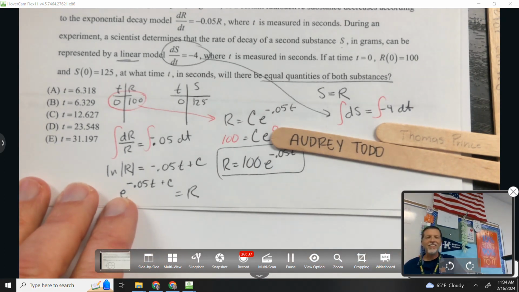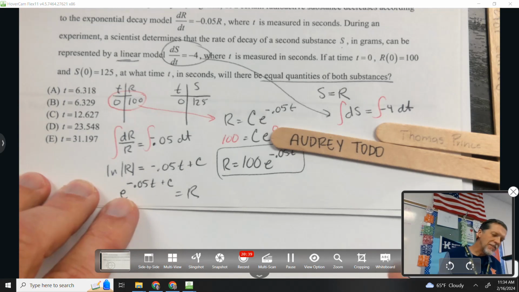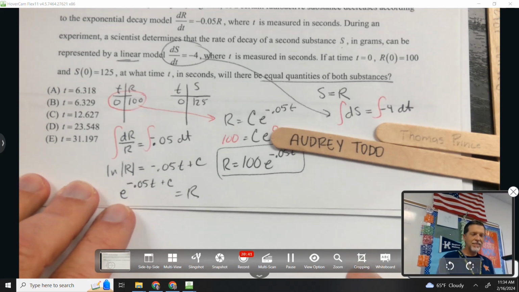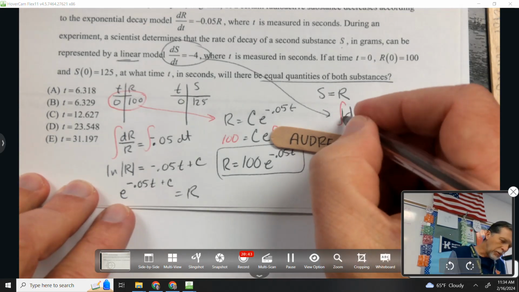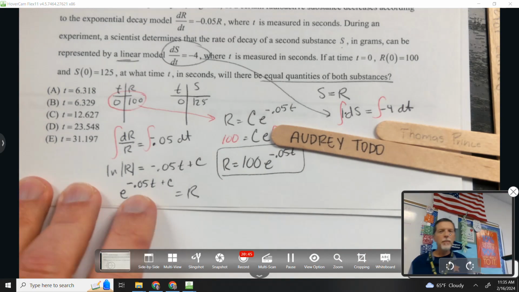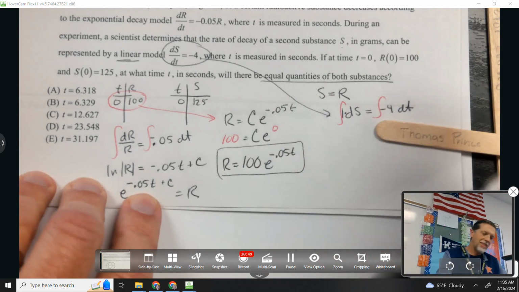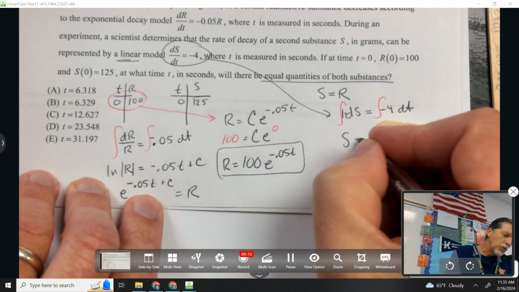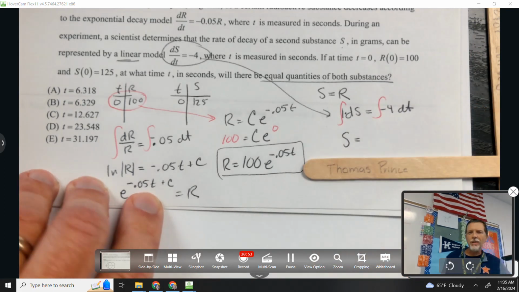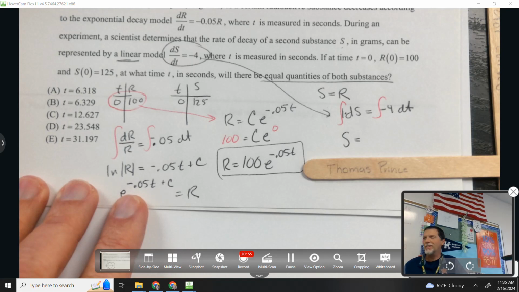Audrey, what's the antiderivative of dS? If it helps, you could put a 1 in there. It would just be S. You guys are used to doing all the hard ones. We throw an easy one at you, and it's like, wait a minute, what am I messing up here?